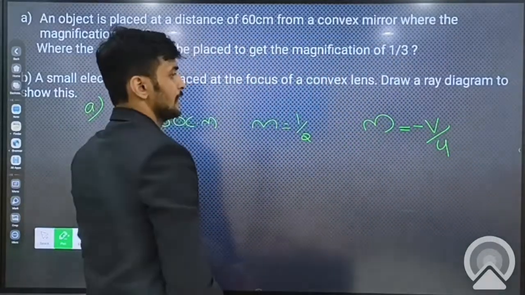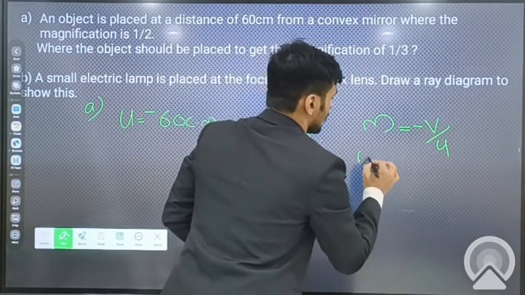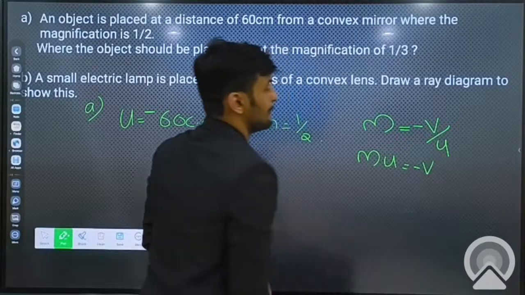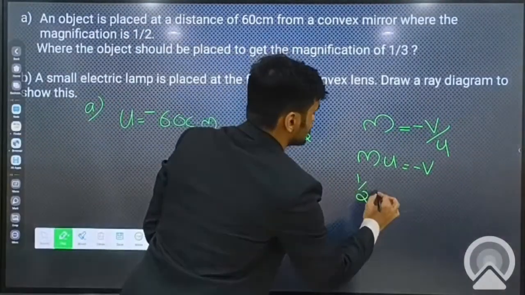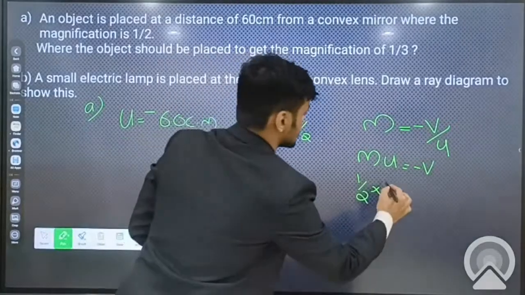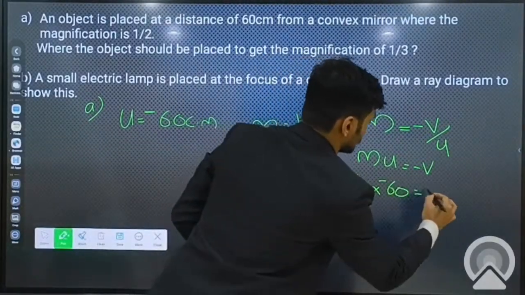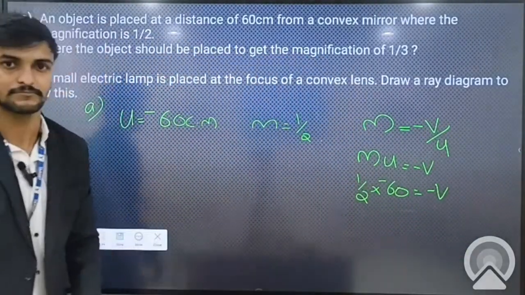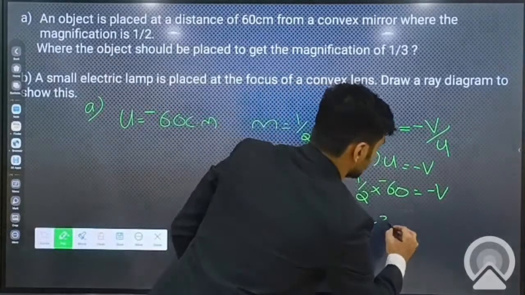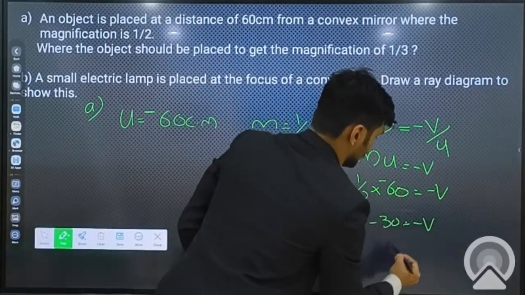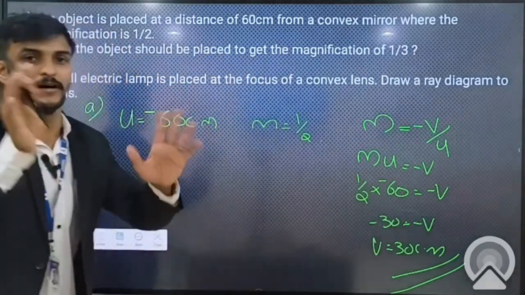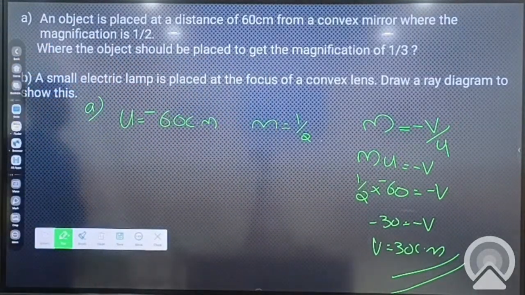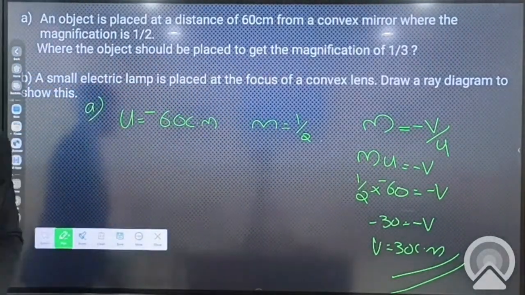Here m times u will be equal to minus v. Substituting m equal to 1 by 2 and u equal to minus 60, we get minus 30 equal to minus v, so v is 30 centimeter. This is the first piece of information we get.